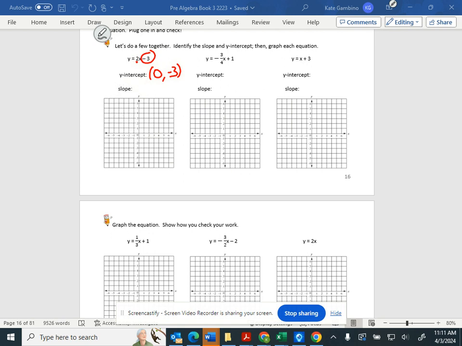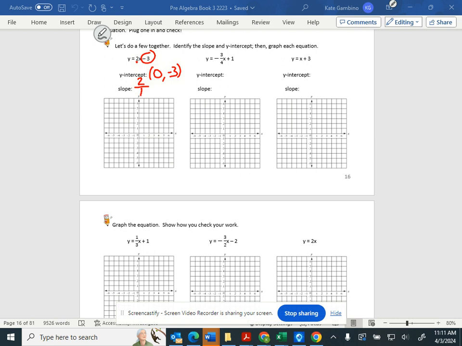Not 2. 2 over what gives me a 2 when I simplify it? No, 2 over 4 would be a half. 2 over 1. So we always want to write that slope as a fraction. If we're given a whole number, you put it over 1. Because this will be important when we're moving across our coordinate plane.